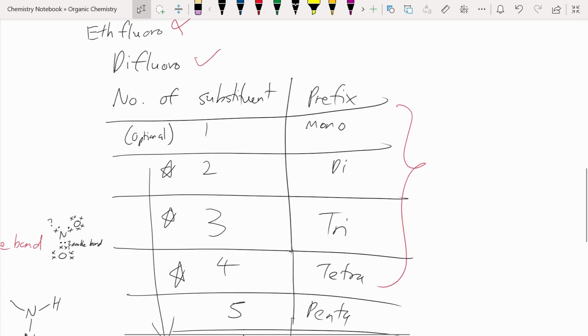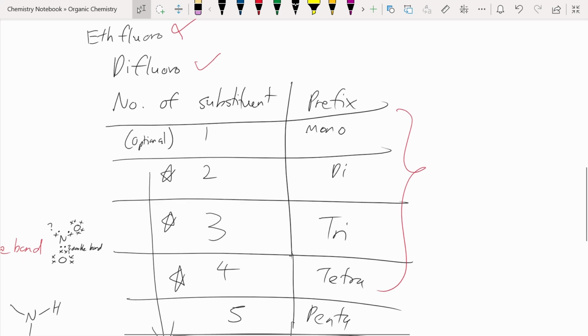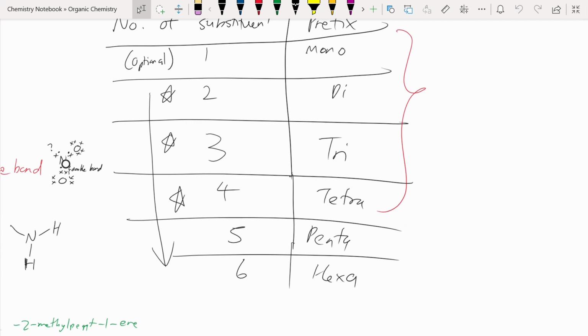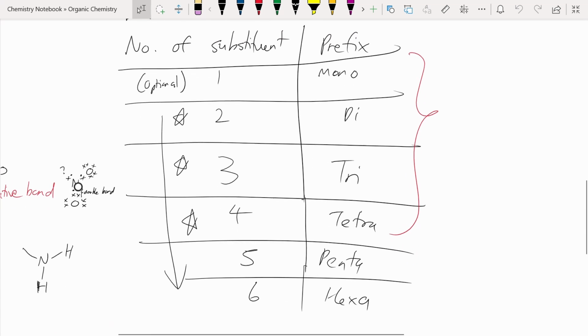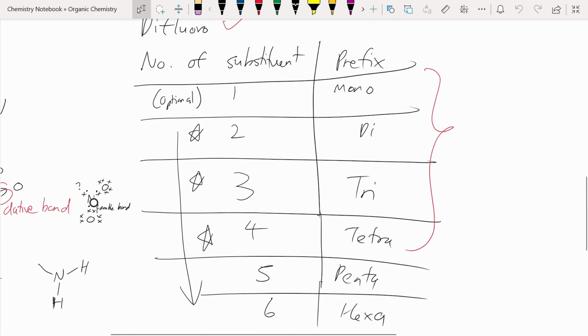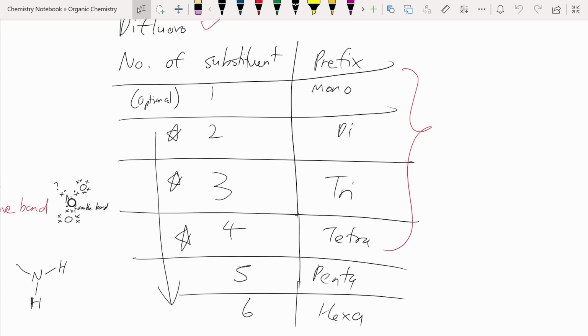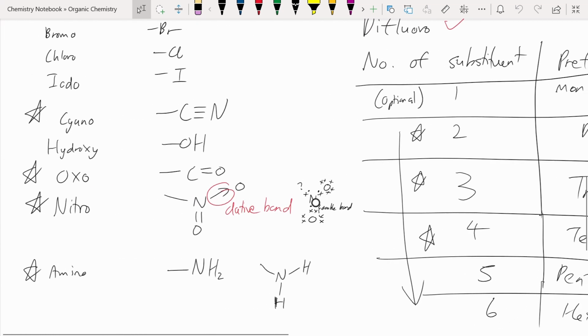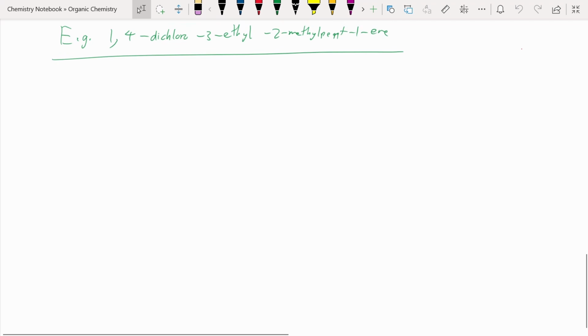It's separate from the numbering system you have seen for the parent molecule, whereby you should not name it like prop-fluoro or but-fluoro. Yeah. And then from 5 onwards are the geometrical numbering system. Okay. And then for mono is quite rare, you can choose to leave out the mono because it should be okay. It won't be ambiguous.